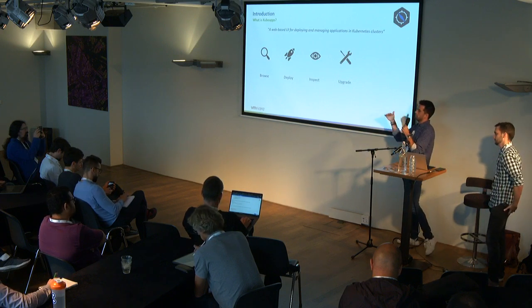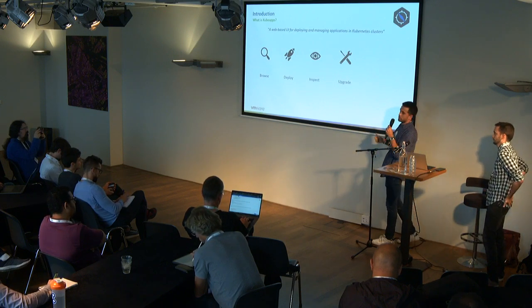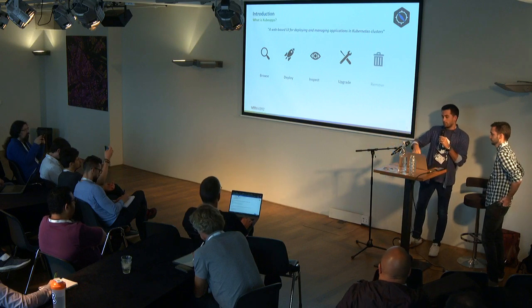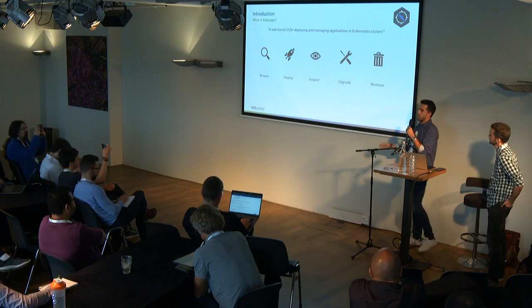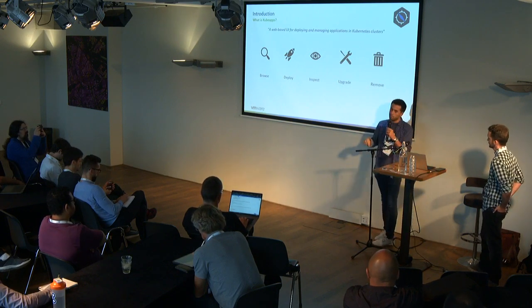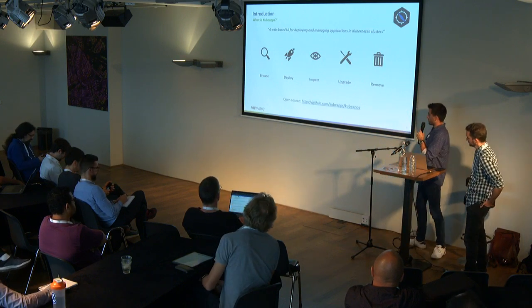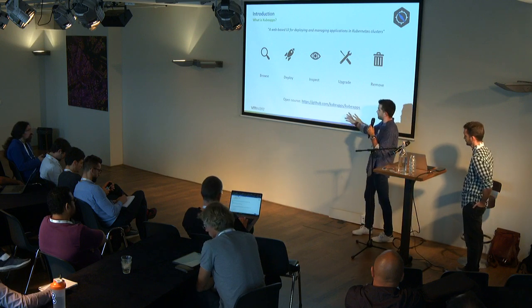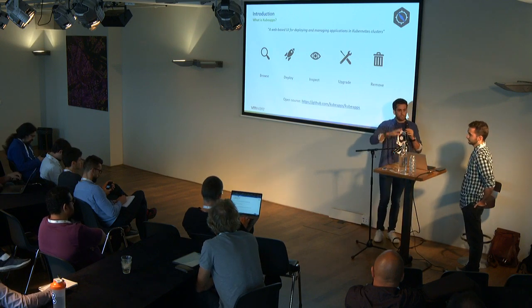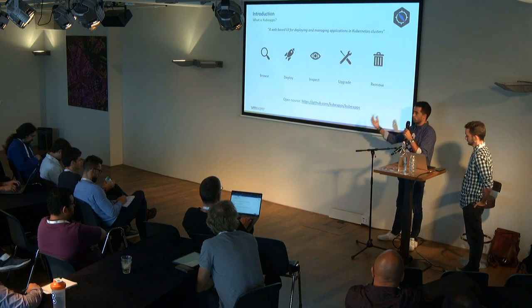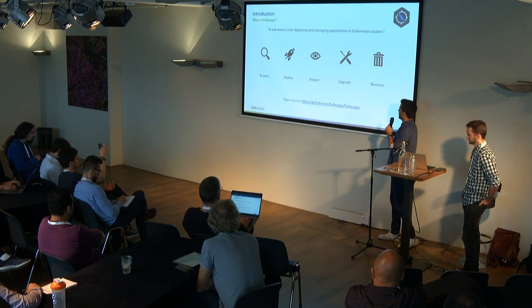You can also do some day 2 operations, such as upgrades, removing the application, and also some rollbacks. We will talk about it. It's an open source project. Here you have the link to GitHub, so you are more than welcome to contribute to the project.